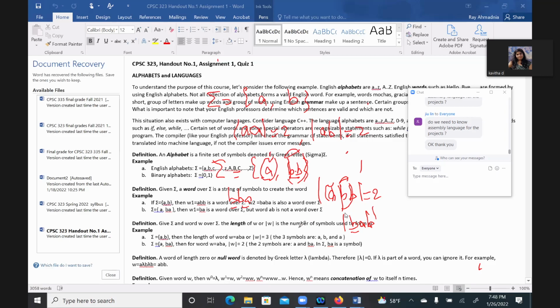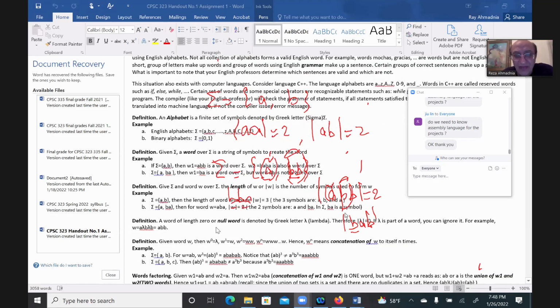Now, a word of length 0 is called a null word. And for this word, we are using the Greek letter lambda. See, one book is using epsilon, the other book is using lambda here.